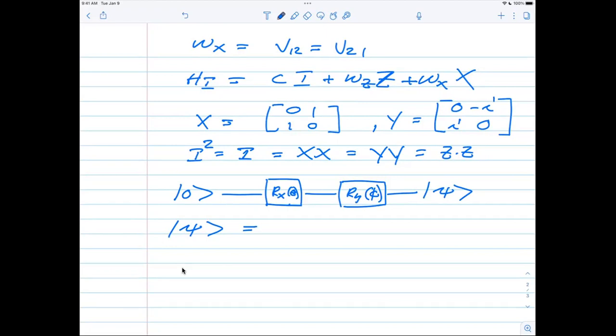When you look at the graph here, it goes in this direction. But what it means is that we have an operation Ry of phi, which is multiplied with a rotation Rx of theta on the vector 0. So then we construct an ansatz, which will depend on these rotation matrices.